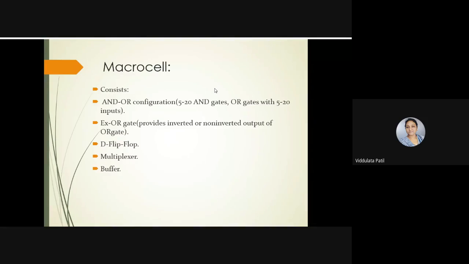Though they are not direct input signals, internally we are increasing the number of inputs by programming these macro cells. Okay, so remember that there are AND-OR configurations, then an XOR gate, D flip-flop, multiplexer, and buffer present in these macro cells.